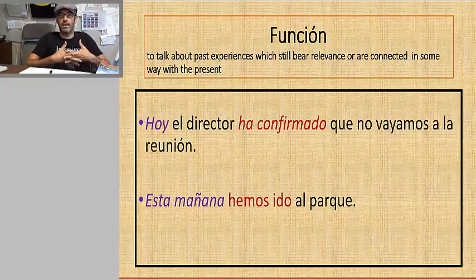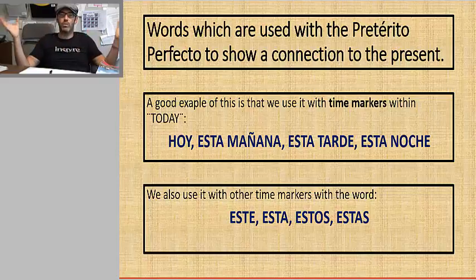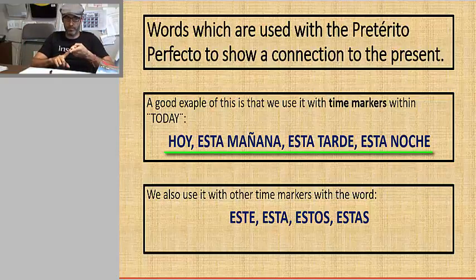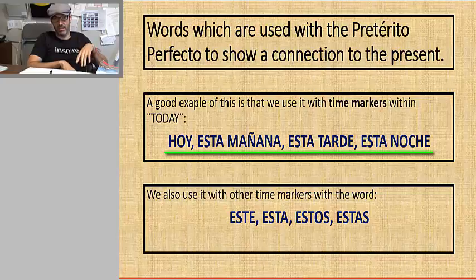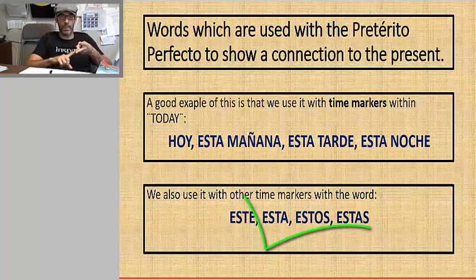And when we use these time markers, then we are giving ourselves this option of using the pretérito perfecto and taking what has happened in the past and making it relevant to today. So, for example, hoy, esta mañana, esta tarde, or esta noche. And we'll look at some examples in just a second. And we also use other time markers with the words such as este, esta, estos, or estas.